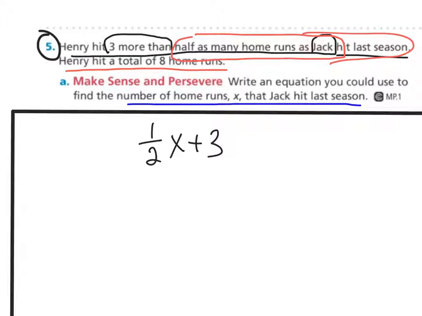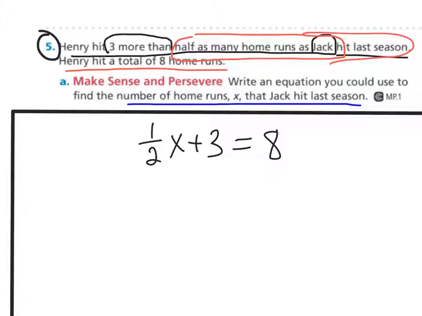That's how many Henry hit. Also, we know Henry hit 8 home runs, so that would be equal to 8. I like this order. We could technically put 3 plus 1/2 X equals 8. I like this order because if they said 3 less than whatever, then we'd have to subtract 3 from that starting amount. So this would be one equation we could do.